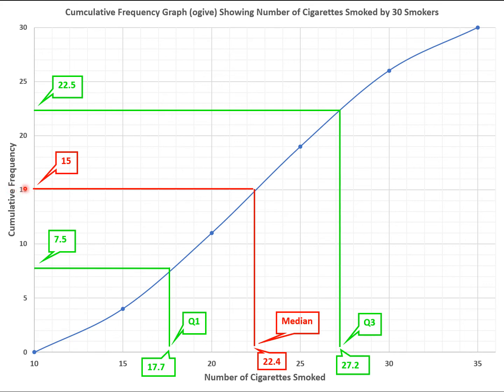So anyway, for the midpoint here, the frequency, we have 30 smokers. So half of that is 15. We're going to go across here until we meet our graph, and when we meet our graph, we go down onto the x-axis. You see, it's a little bit short there, but you see the point.